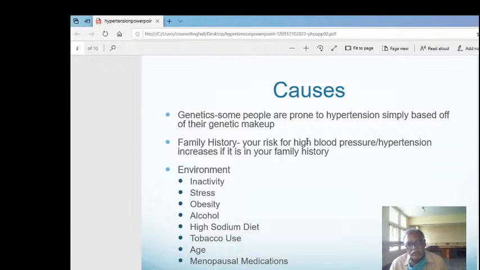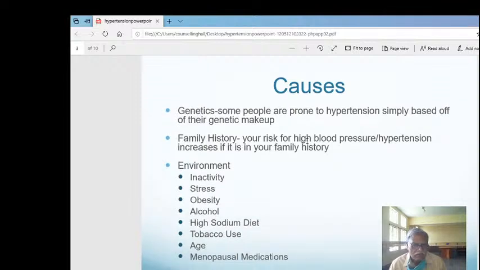Mostly it is genetics, and some people are prone to develop hypertension simply based on their genetic makeup. The family history will be present, and your risk for high blood pressure is present. The hypertension risk increases if it is in your family history.